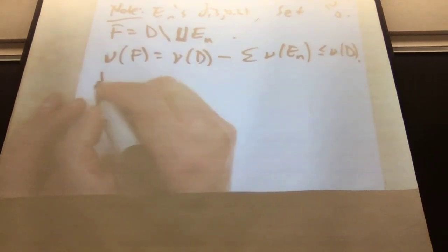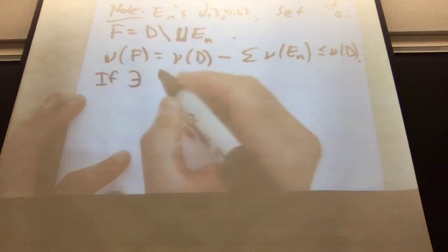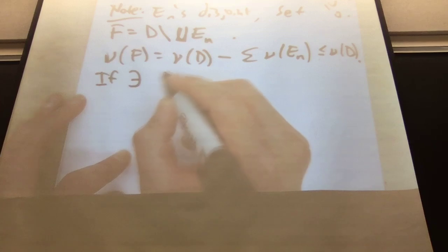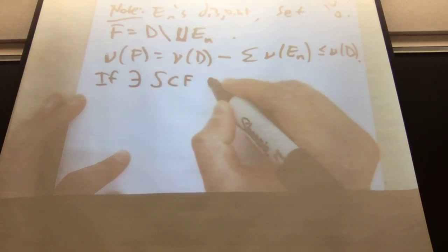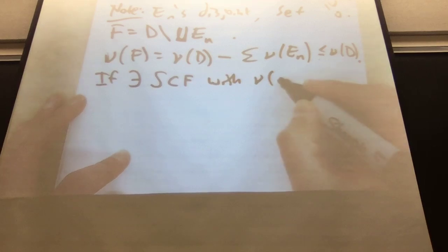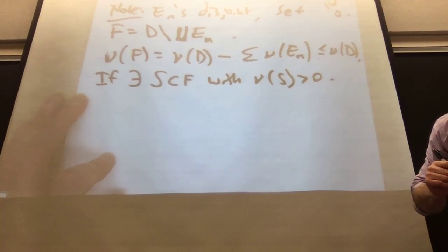So if F is not negative, if there exists some set, I don't know, what should I call it? S in F with nu of S positive. If it's not negative, then there's some set that has strictly positive value.